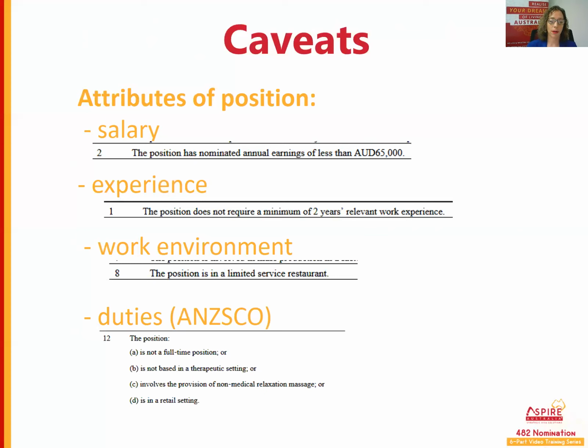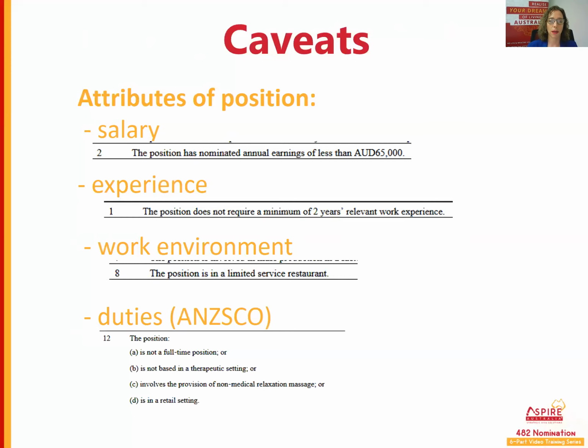And there are caveats in relation to the duties. In this example, caveat 12, for a massage therapist, the task should not involve provision of non-medical relaxation massage. So again, check the relevant occupation list to see if there are any caveats and see if your business can meet those requirements.